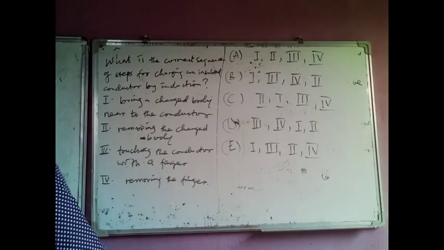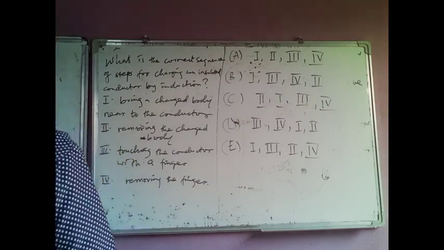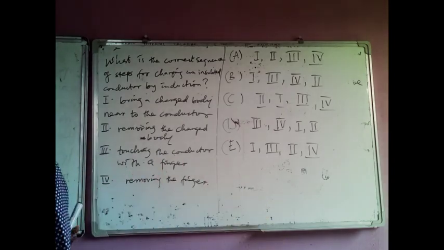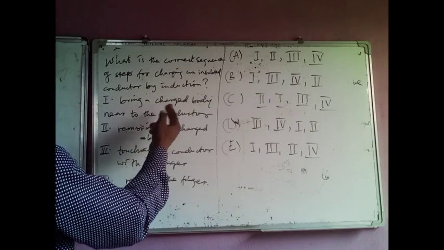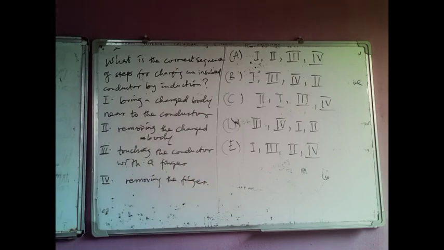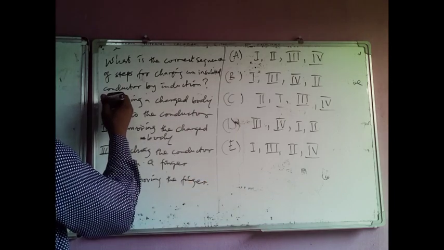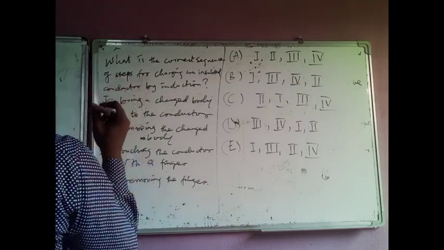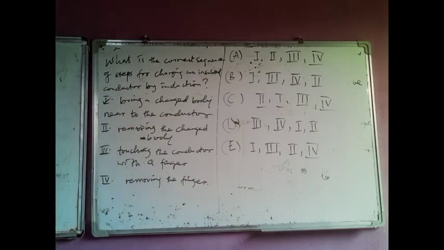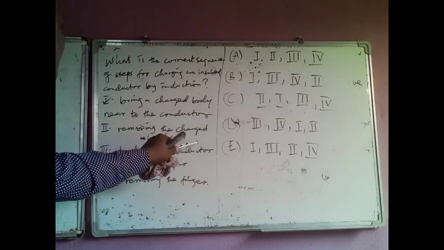So I want you to understand something. The first step, let's look at this. You must bring a body that is charged near to the conductor. You want to charge the conductor, so bring a body that is charged. So this one, we are reasoning it to be number one. Then after that, removing the charged body?